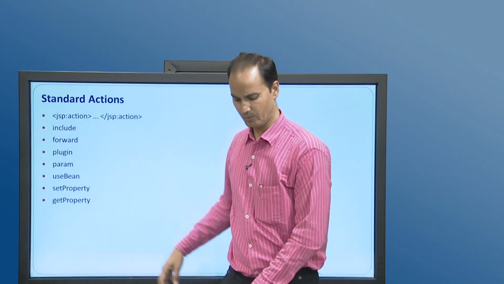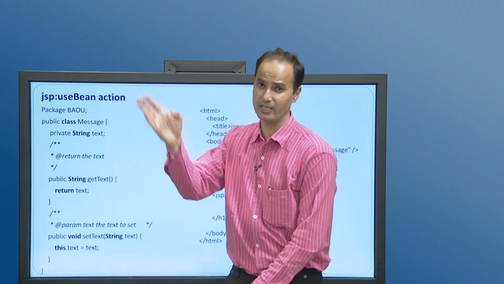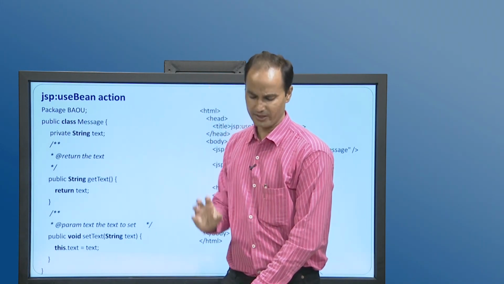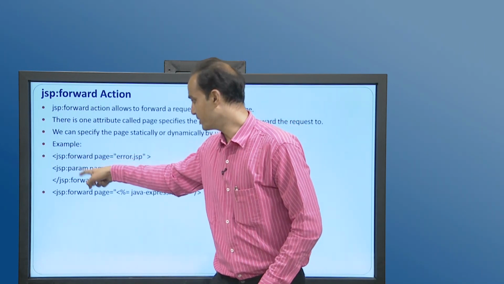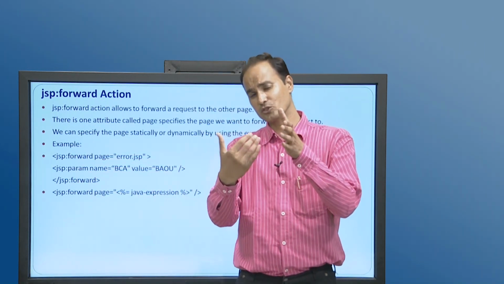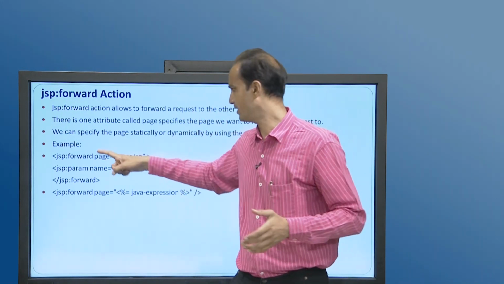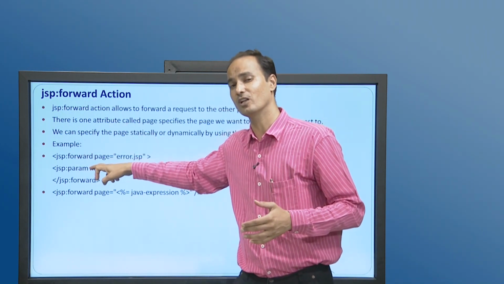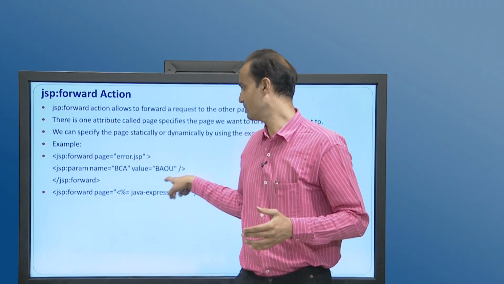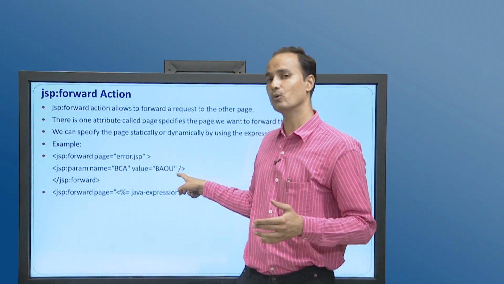Param stands for parameter. So if you want to pass a parameter with an ongoing forwarded request, you can pass it along with the forward tag. jsp:param is used as a sub-action of jsp:forward. As you use jsp:forward, under it you use jsp:param along with its parameter, here passing the name BCA with the value BAOU.